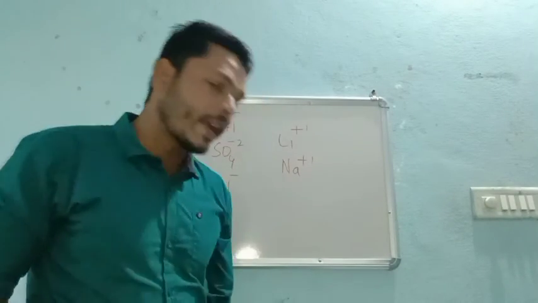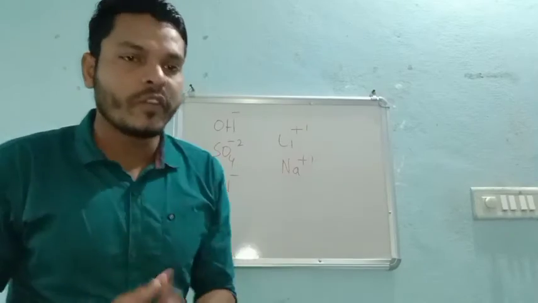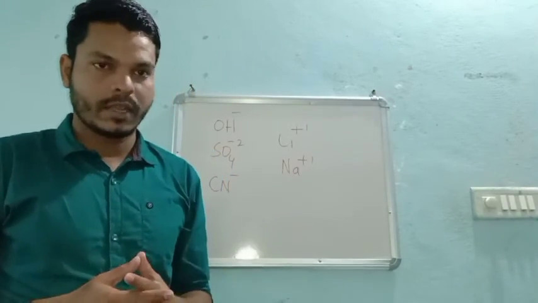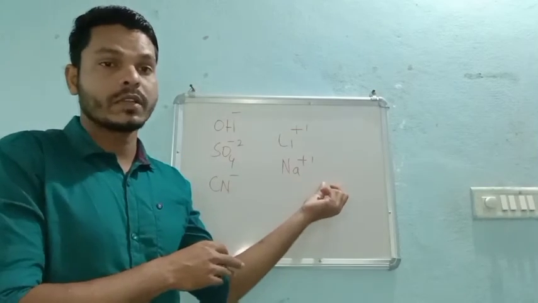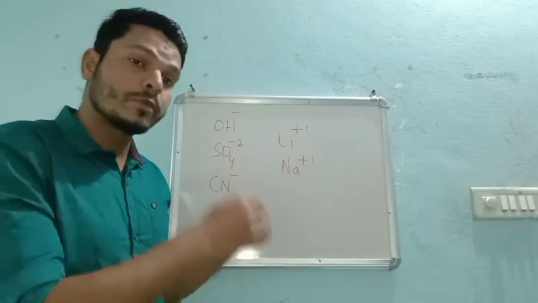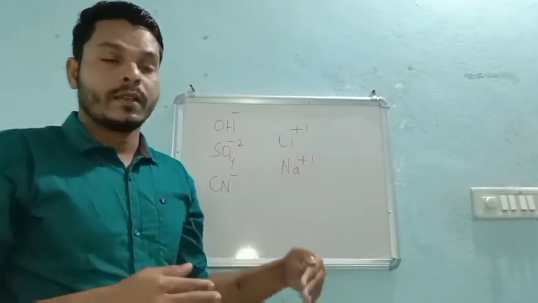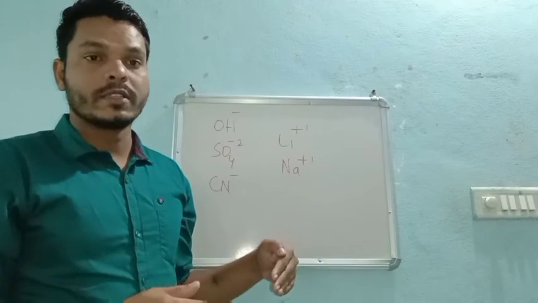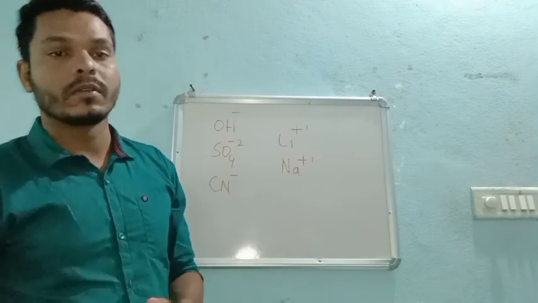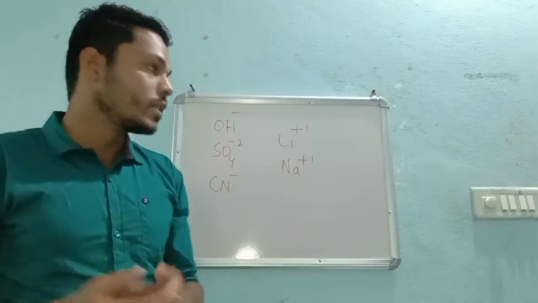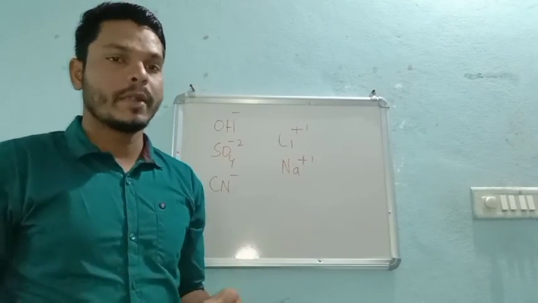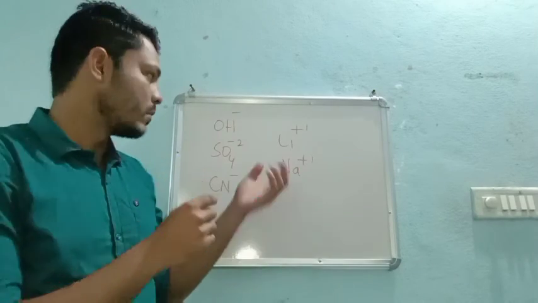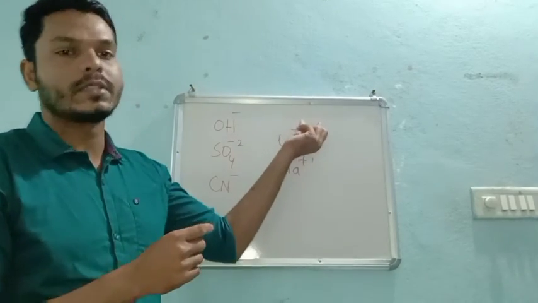Find a minimum of 15 elements with their charges, calculate with their electronic configuration, and also check it. Why is +2 charge there? Why is -1 there? So you check and send me a minimum of 15 elements, element symbol with their charge.